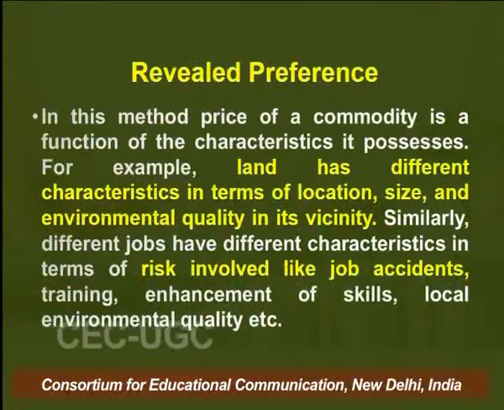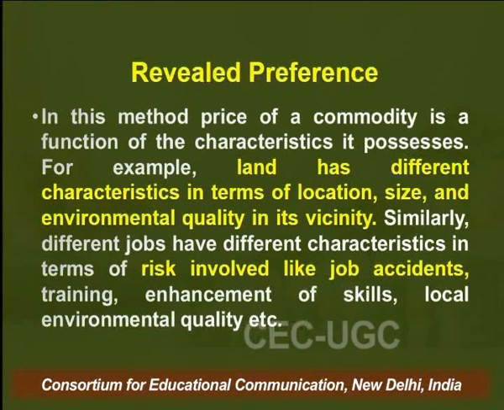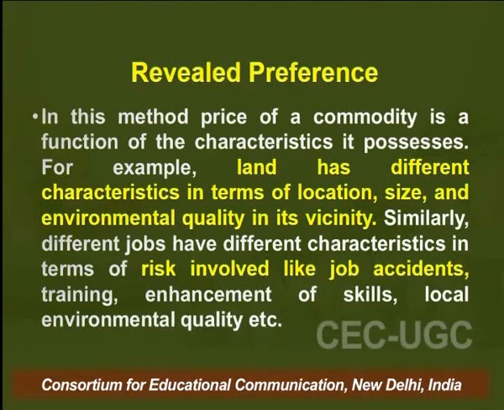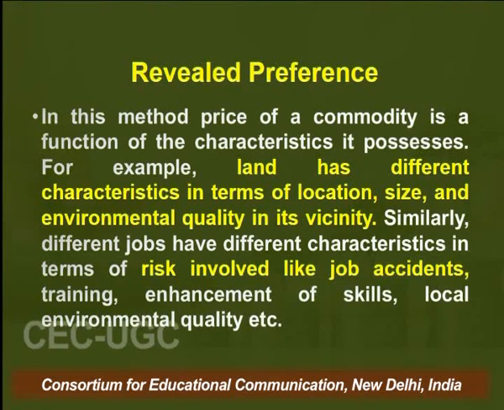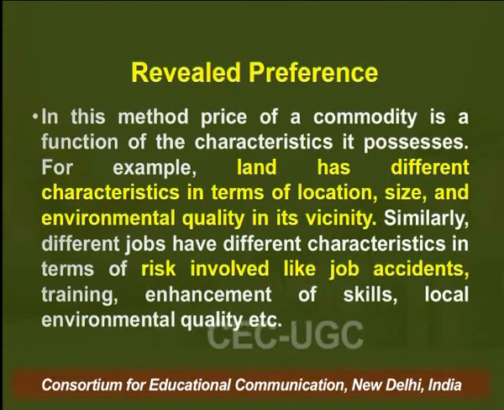In this method, the price of a commodity is a function of the characteristics it possesses. For example, land has different characteristics in terms of location, size, and environmental quality in its vicinity. Similarly, different jobs have different characteristics, for example, risk involved, job accidents, training, enhancement of skills, local environmental quality, etc. So there are different attributes which do not have a market, but they are still associated with some marketable good.